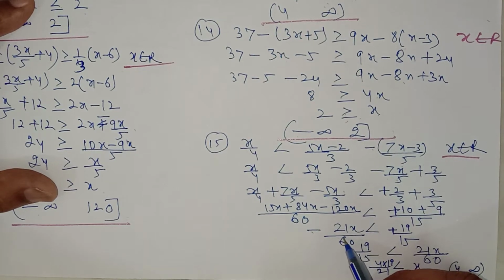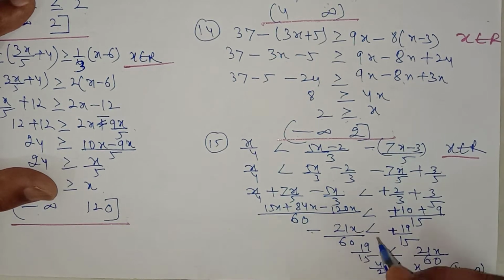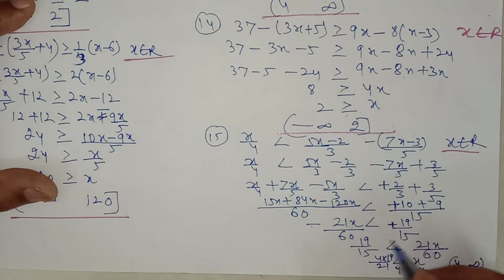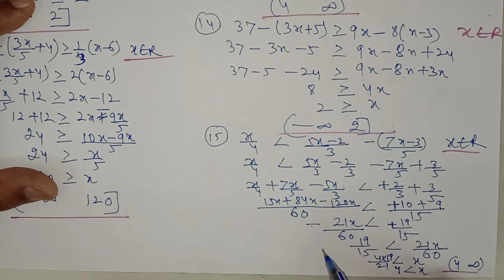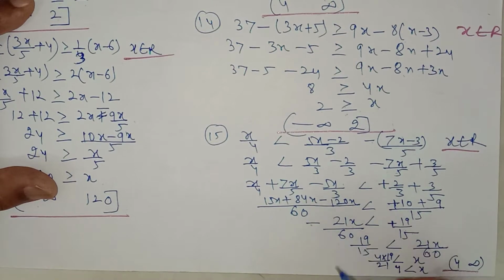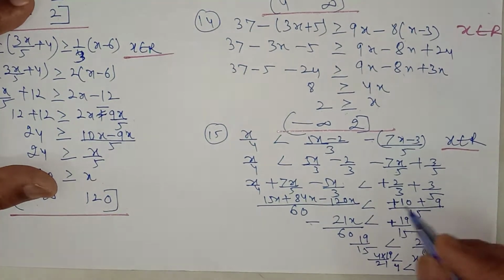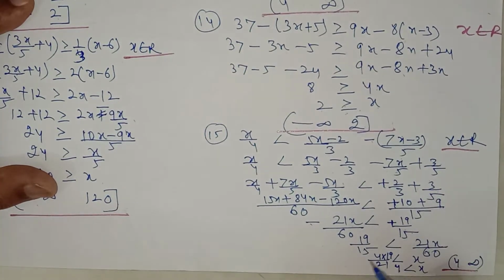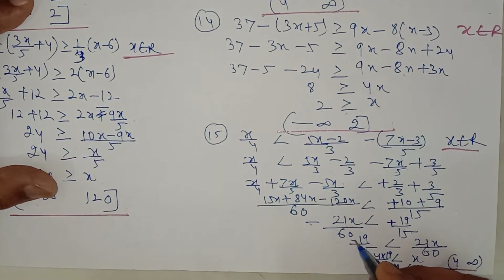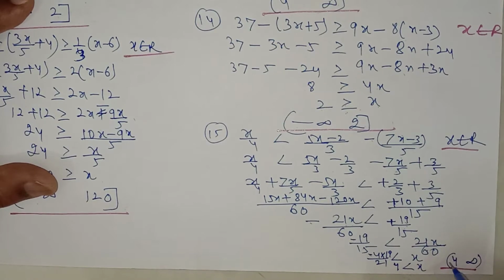Whenever the variable is negative, take it to the right hand side to make it positive, and the constant to the other side. So this is coming out to be positive, and this is coming out to be negative. So I think it will be plus 2 upon 3, and the negative sign will be there, positive, negative, and it will be negative.